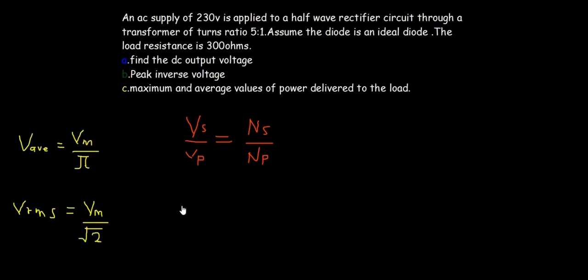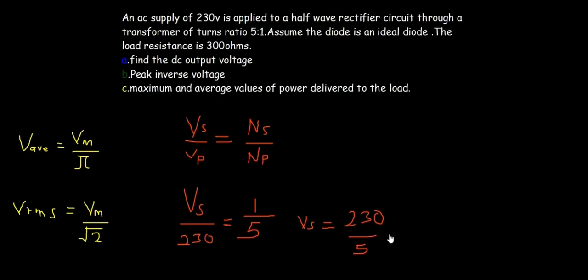Okay, so let's do that. We don't know Vs, so that's Vs over Vp. The voltage on the primary side is given to be 230, so this equals the number of turns on the secondary side, which is 1, over the number of turns on the primary side, which is 5. So Vs, the voltage on the secondary side, equals 230 divided by 5.